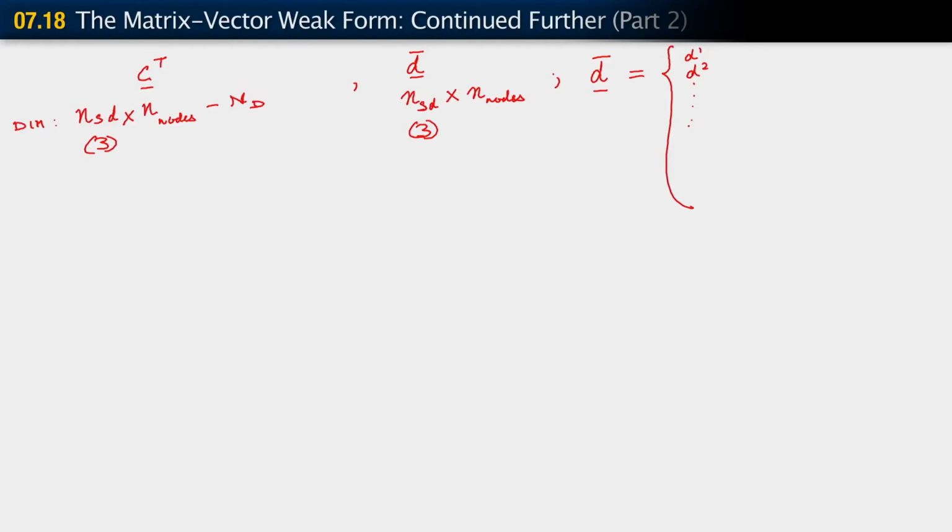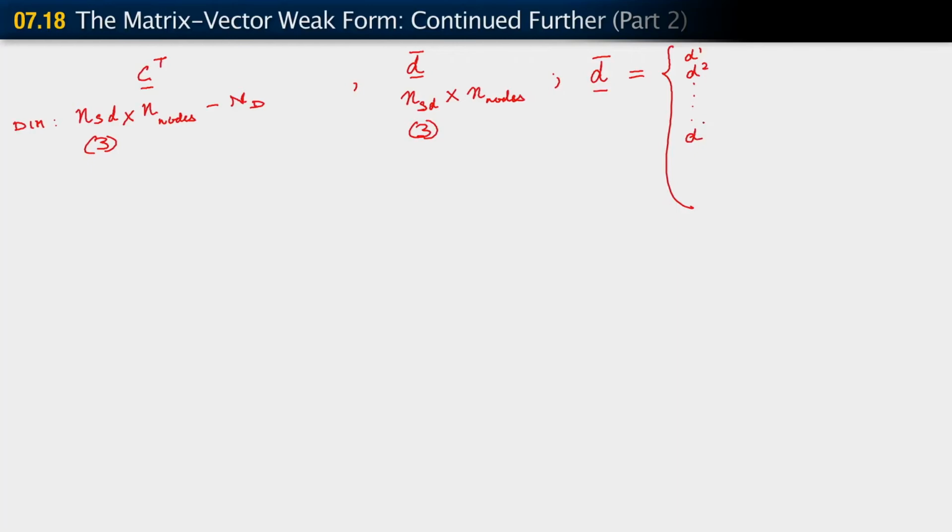But now let me see, we said A bar and B bar belong to the set of global degrees of freedom on which the Dirichlet boundary conditions have been specified, right?